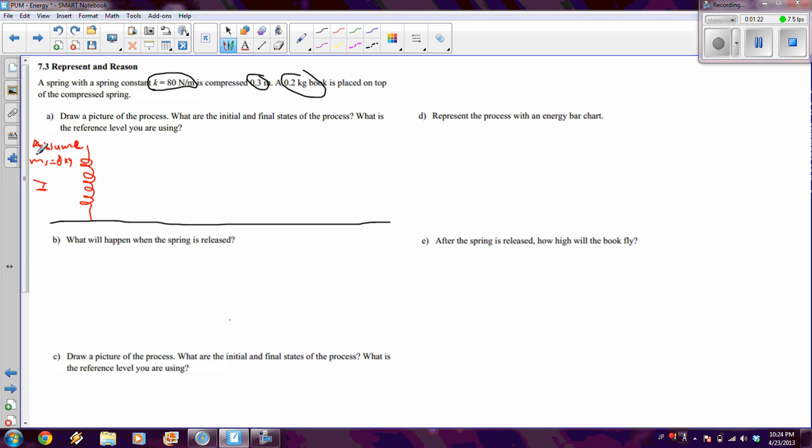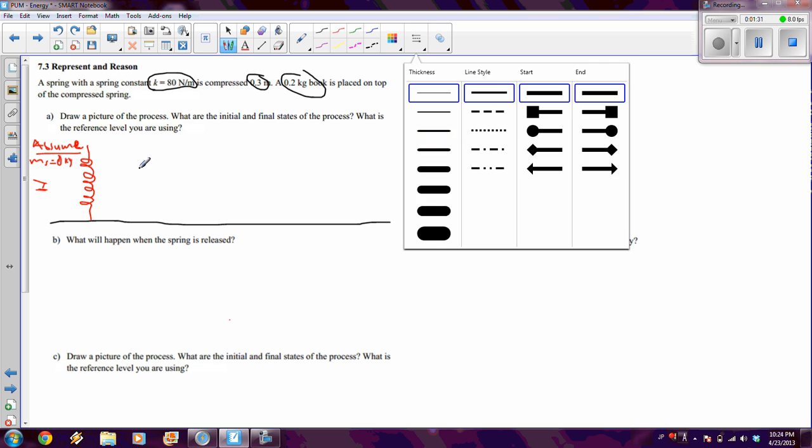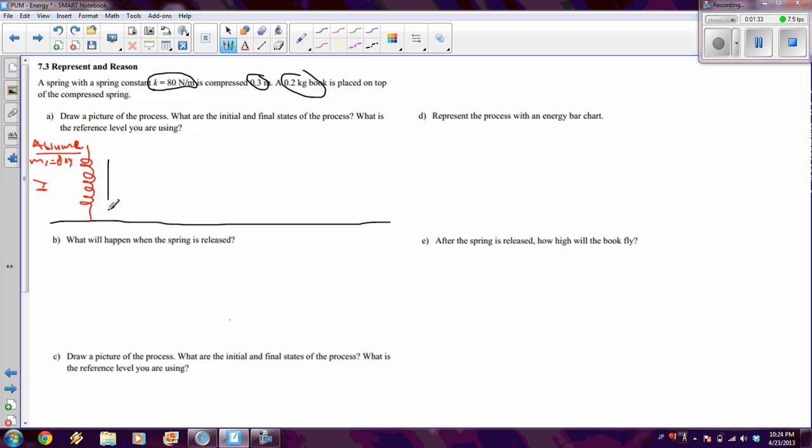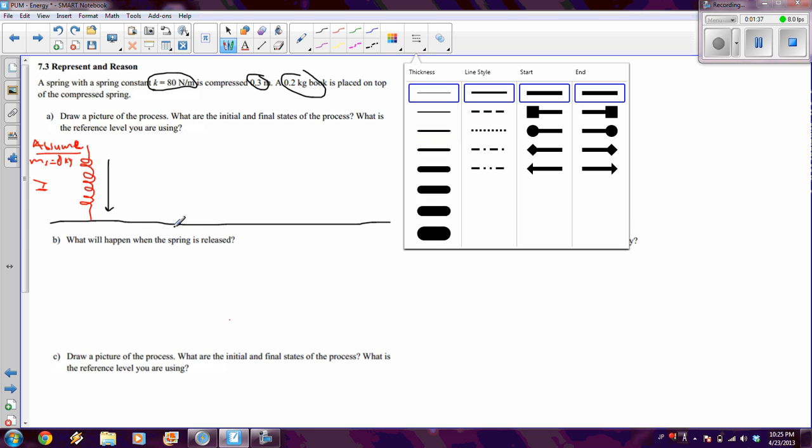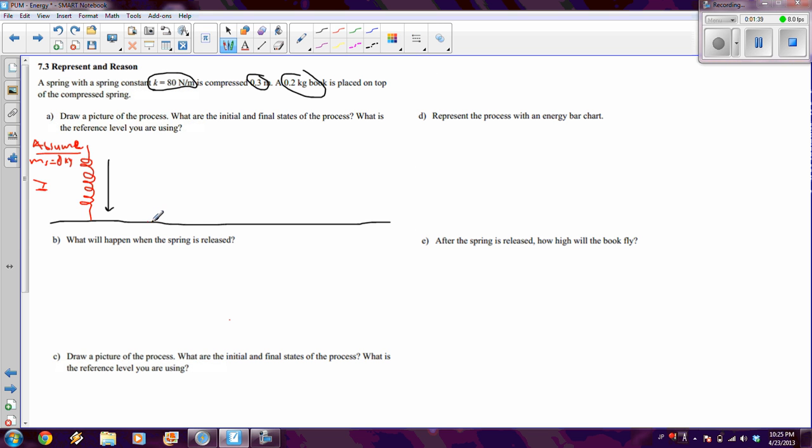The next state will be the spring is going to be compressed, so we're going to be pushing this spring down like this, and the spring will then be compressed here.